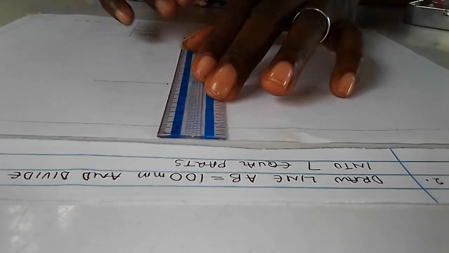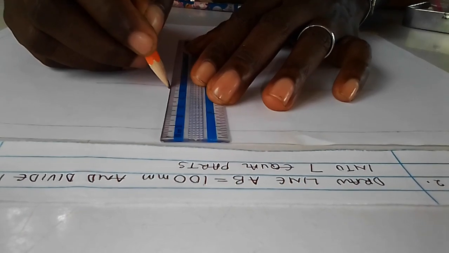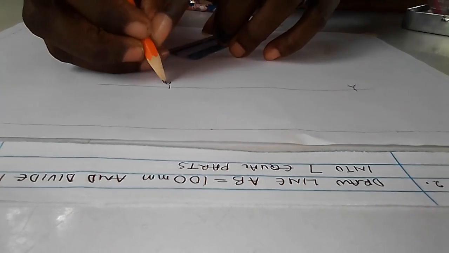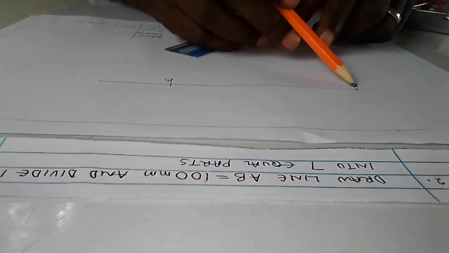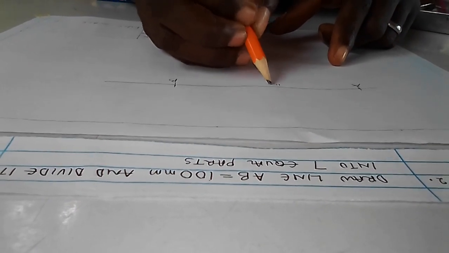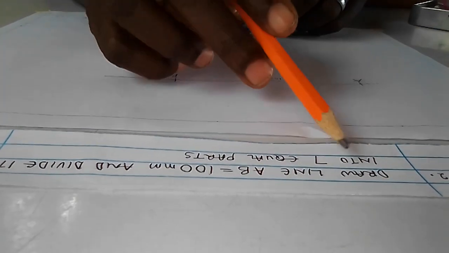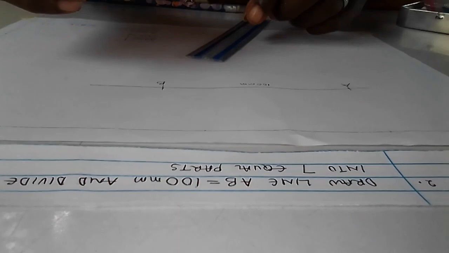So at 10 centimeter, I place the second sign, which is B. So I have my line AB equal to 100 millimeter. I've measured the given line like that.